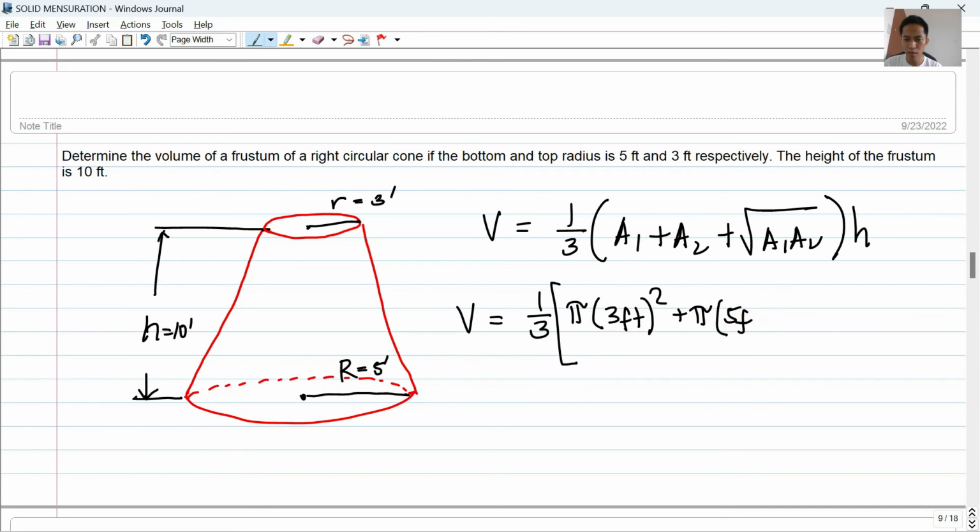So, that's 5 feet squared plus square root of A1, A2. So, that's pi times 3 feet squared, okay? Times pi times 5 feet squared. And we have here multiplied to the height, which is 10 feet.